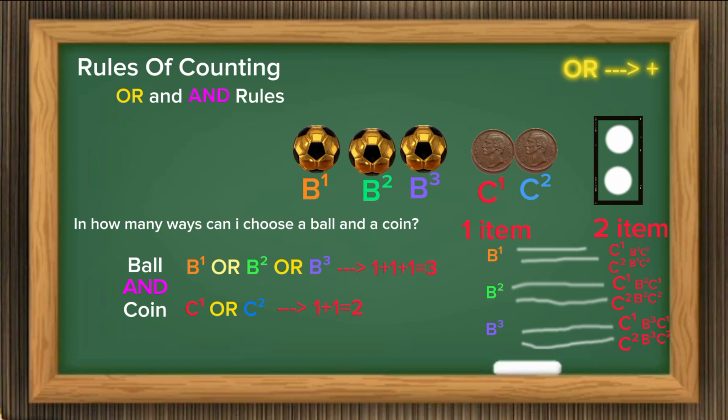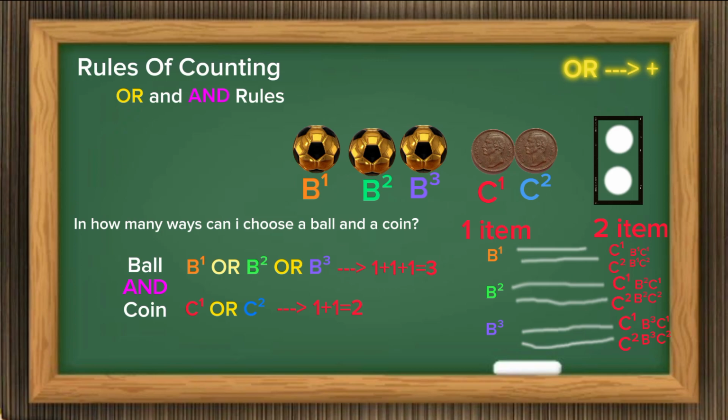Similarly, if I choose B2 for the first item, I can choose C1 or C2 for the second item, which makes my selections B2 and C1 or B2 and C2. Similarly, if I choose B3 for the first item, I can choose C1 or C2 for the second item, which makes my selection B3 and C1 or B3 and C2.